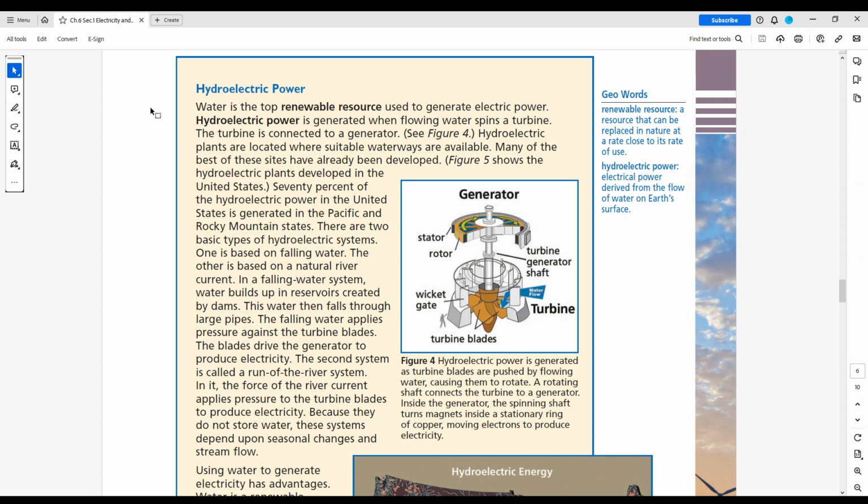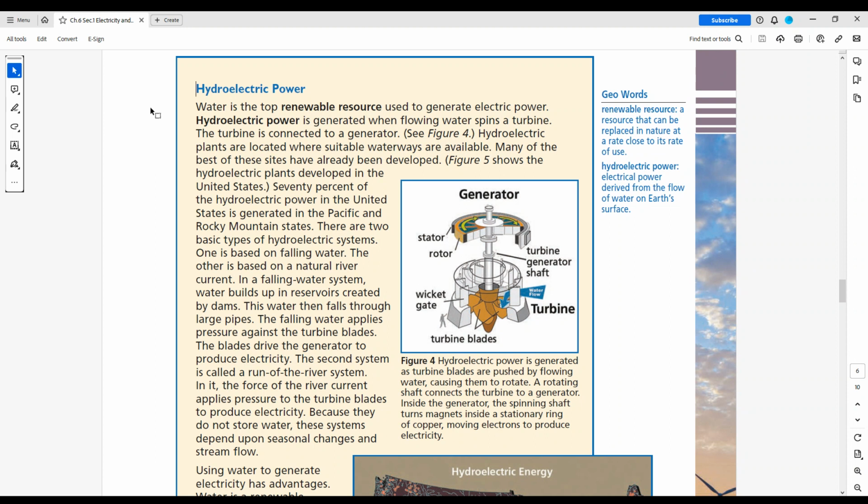There are two basic types of hydroelectric systems. One is based on falling water, the other is based on a natural river current. In a falling water system, water builds up in reservoirs created by dams. This water then falls through large pipes. The falling water applies pressure against the turbine blades.